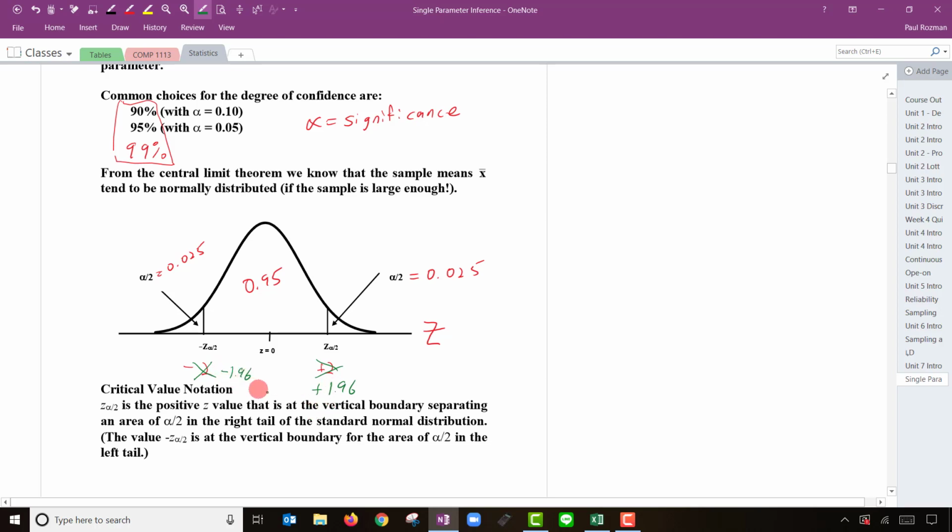So these are the cutoff values that we would use if we're talking about a 95% confidence interval. We'll use different cutoff values with different levels of confidence. If we're 99% confident, these z-scores will move out a little bit, and the z-scores will be larger. If we go down to 90% confidence, these z-scores will move in.